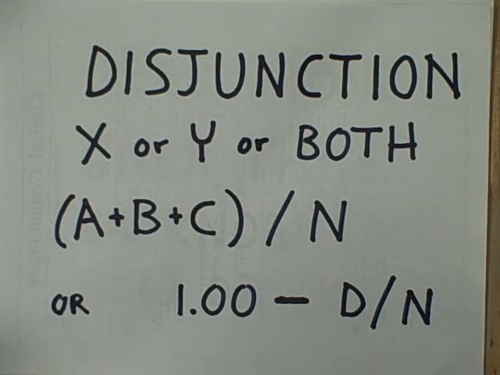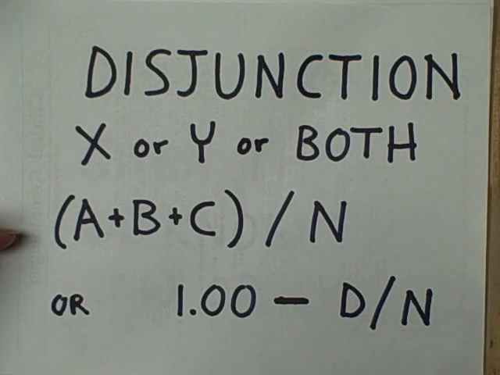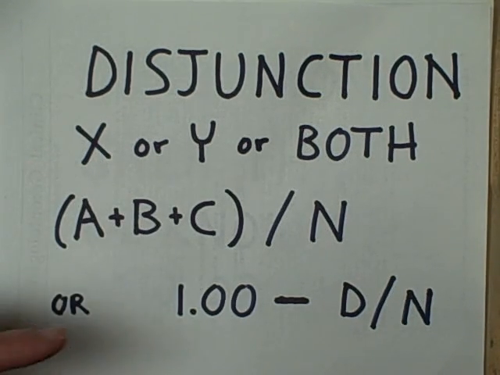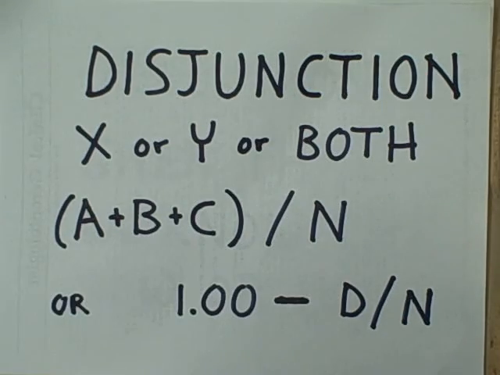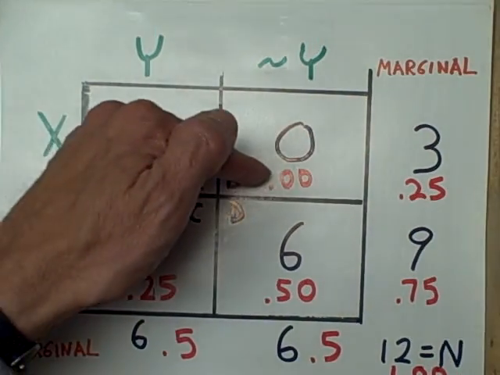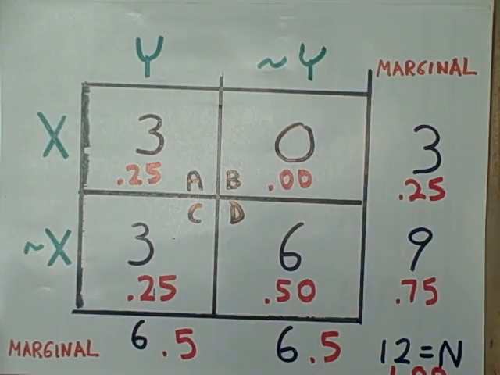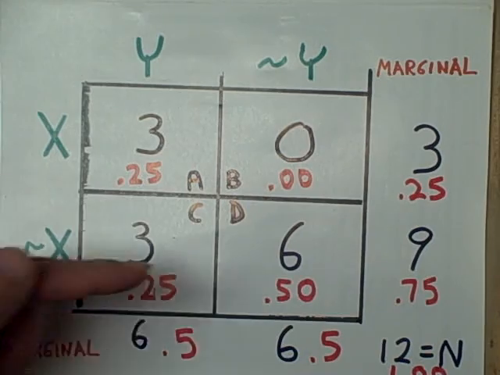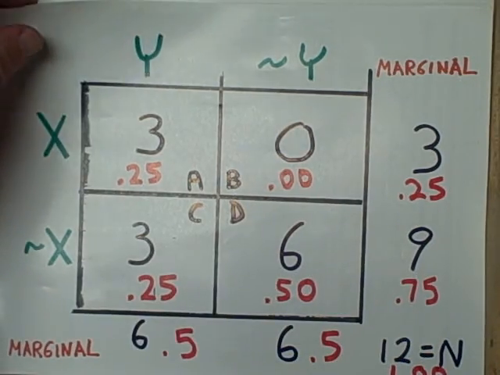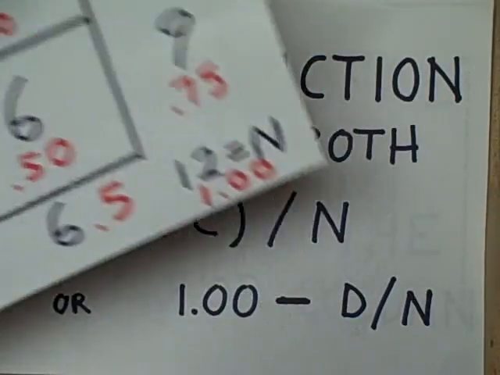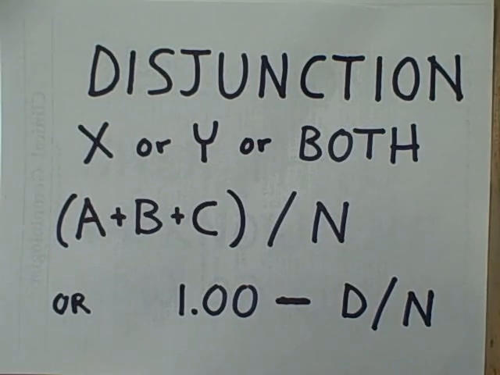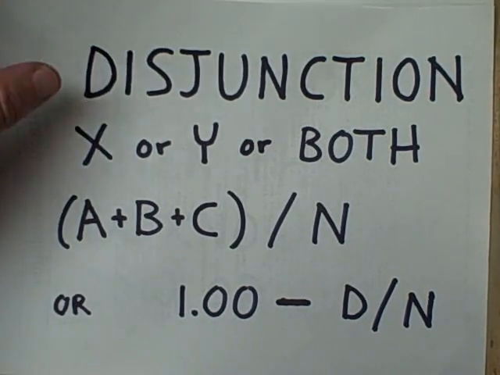Here we could add the three cells A and B and C and then divide by our total sample size, or we could do 1 minus the probability in cell D. In this particular case, we could add these three numbers and get 0.5, or simply take 1 minus 0.5, and we see that the probability for the disjunction in this case is 0.5.